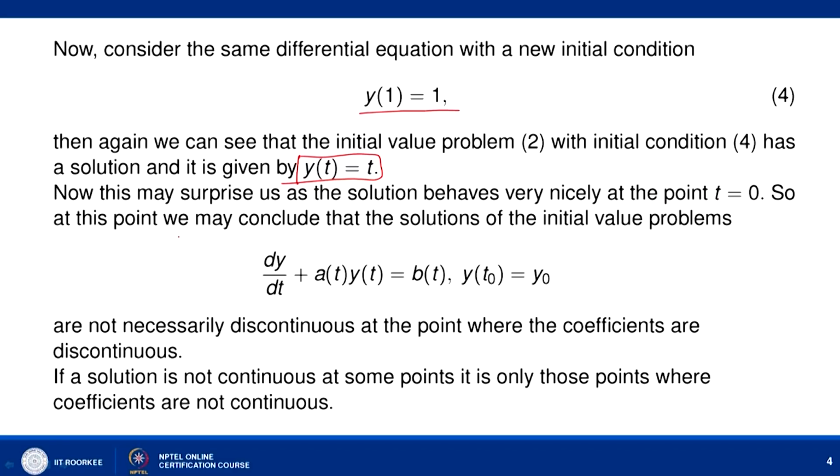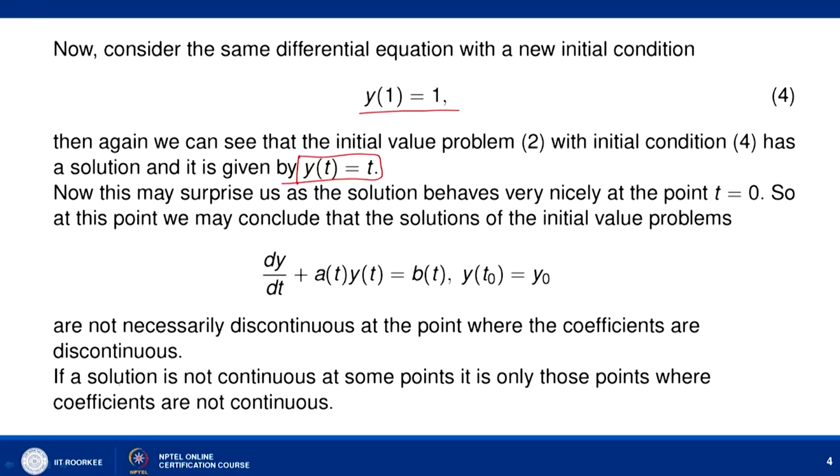So in the case of a linear differential equation, dy/dt + a(t)y(t) = b(t), along with the initial condition y(t0) = y0, the solution may not necessarily be discontinuous at the points where the coefficients are discontinuous. If a(t) is discontinuous at a particular point, say t = t0, the solution may not be discontinuous at that point.